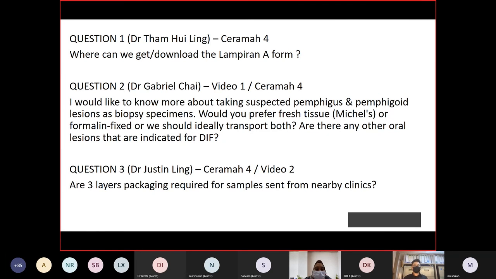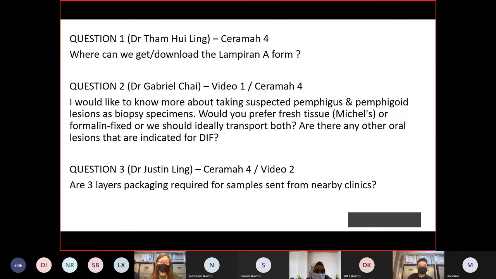So in addition to Dr. Fairuz's answer, I think basically for lesions like pemphigus and pemphigoid, the formalin fixed tissue is the basic one that we need. Because from H&E, most of the time, if the biopsy is done correctly, we can get specific HPE findings saying that this could be pemphigus or pemphigoid.